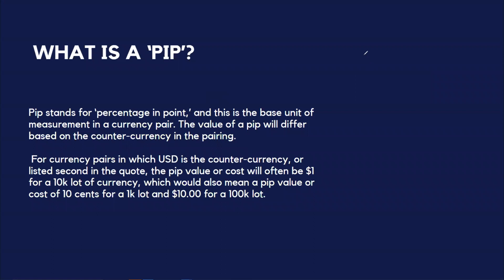So we have 3 types of lot size. We have a standard lot size, which starts from 1. So 1 standard lot size in units of currency is measured like 100,000 units of currency. And in dollars it is equal to $10 per pip.